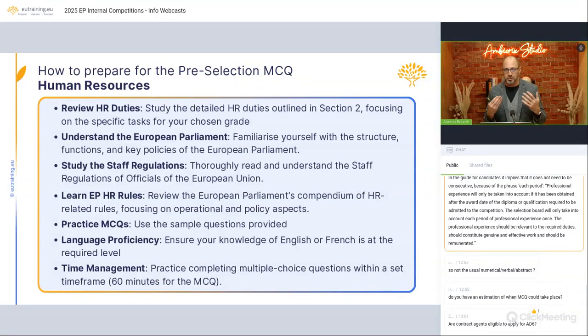So certainly understanding the Parliament is essential, and most of you, if not all of you, already have quite a large degree of familiarity being or working at the Parliament already. Now, very important is looking at it not just from an EU institutional perspective, but looking at HR as a field of knowledge, as a discipline on its own.